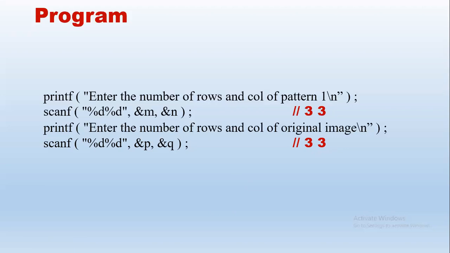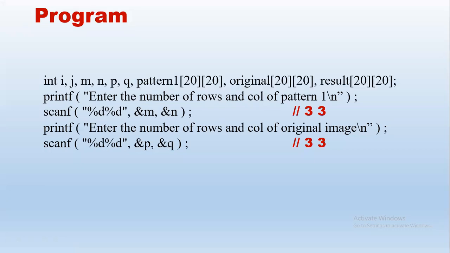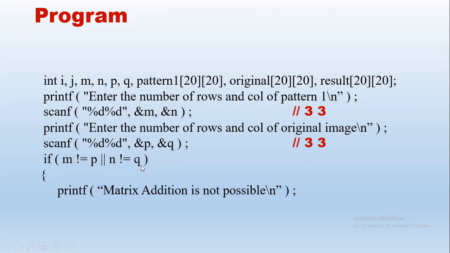Now we need to first check, is M equal to P and N equal to Q. In case one of them is not equal, we cannot perform addition, right? If M is not equal to P or N is not equal to Q, then we cannot add. That is basically what we give next. If M is not equal to P or N is not equal to Q, we say that matrix addition is not possible.